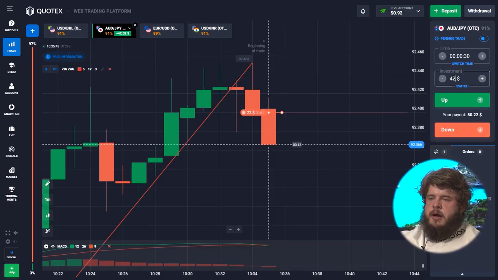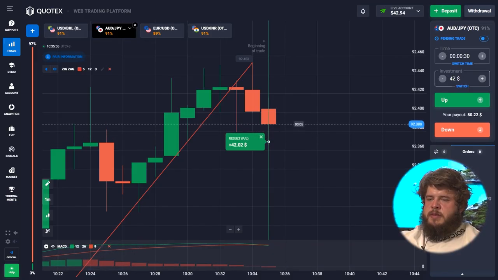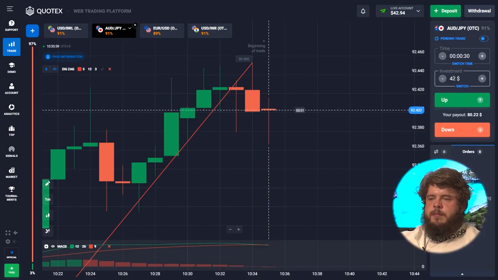So that's why now price is going down. This is a very short-term correction. We opened a sell position and we got our money. Everything was very clear and simple.